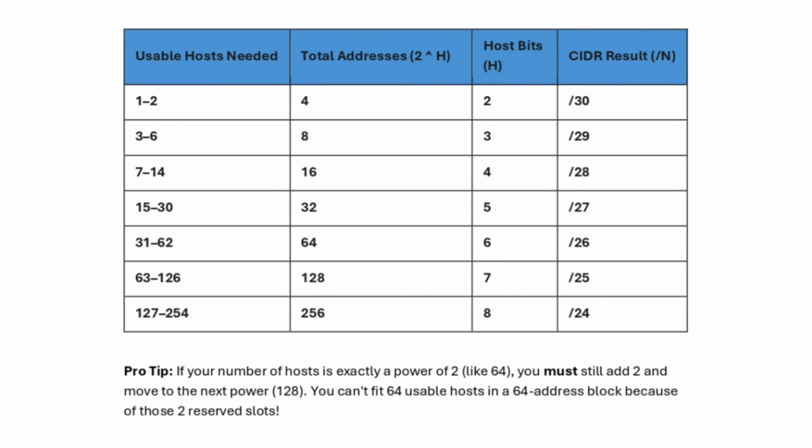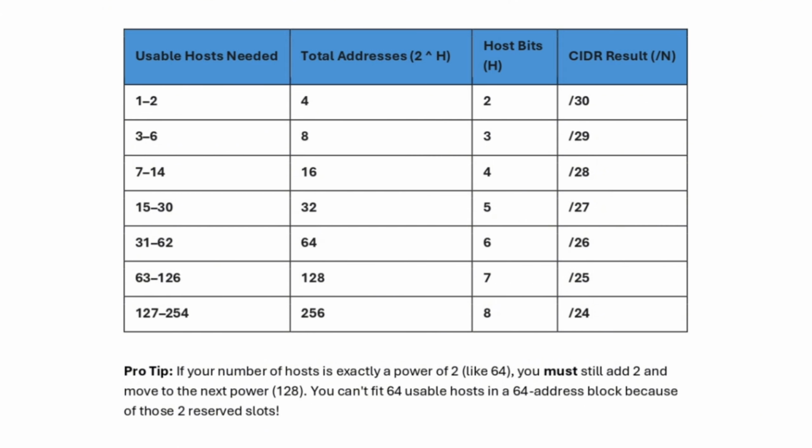The power of 2 that gives the total addresses, we take that power as the host bits. For the CIDR result, it would be total bits minus the host bits. If the usable hosts needed are between 127 and 254, we take the total addresses simply as 256, which is 2 power 8.